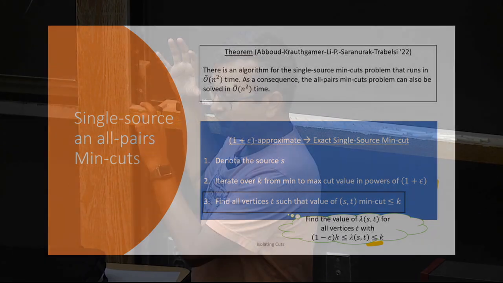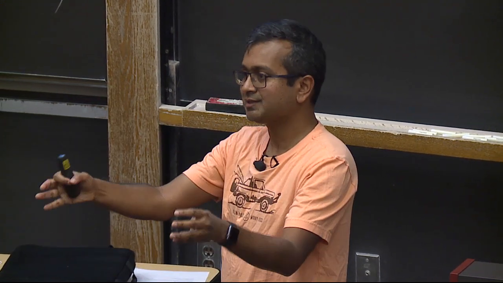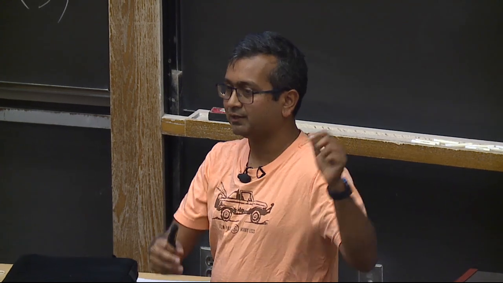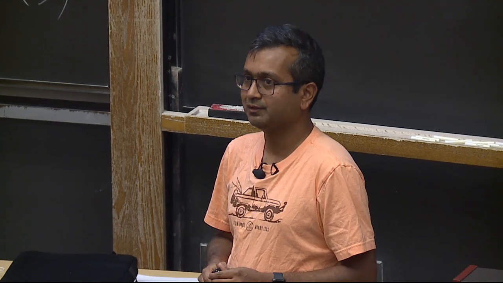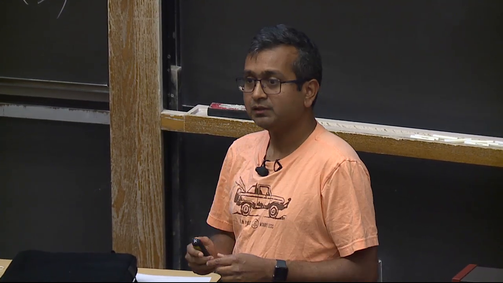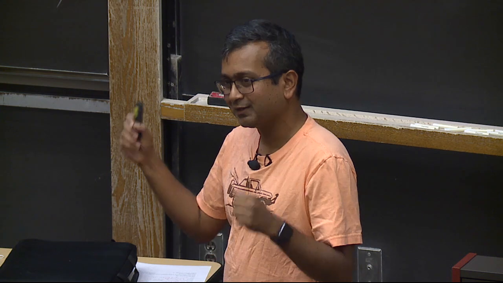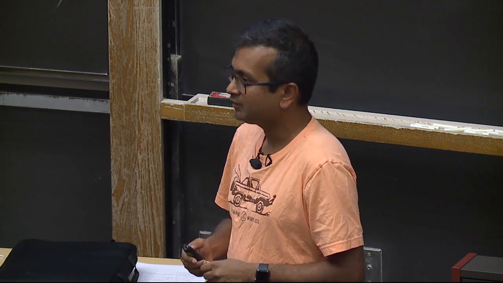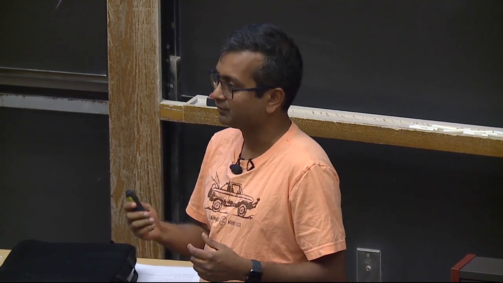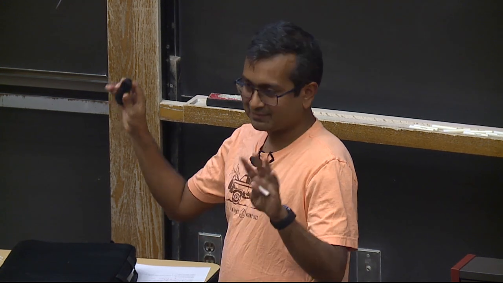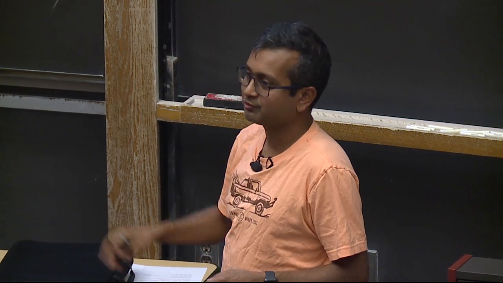But if you promise it that the vertices you are asking it to find connectivity from S all have connectivity within a factor of 1 plus or minus epsilon of each other, then the new algorithm says, okay, now I have this confidence, I can go ahead and find their connectivities for real. And you can set epsilon in this case to any small constant, like 0.1. So that's, at a very high level, the thing that changes from the approximate to the exact algorithm.